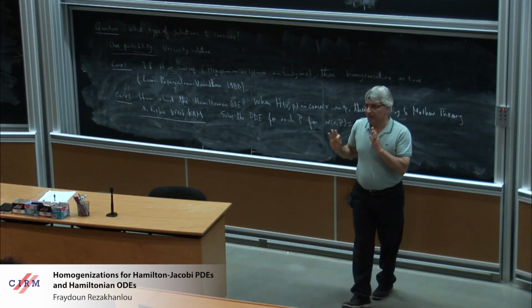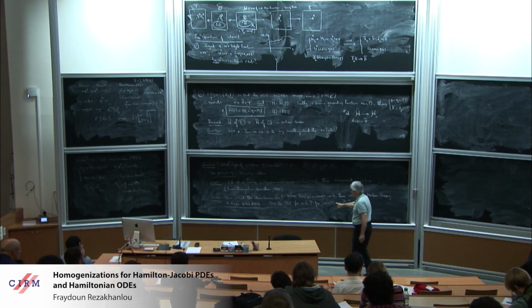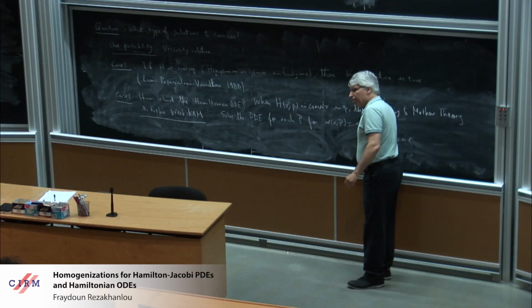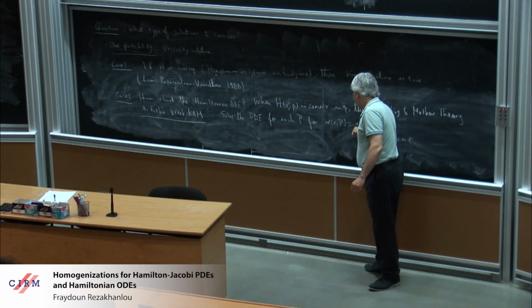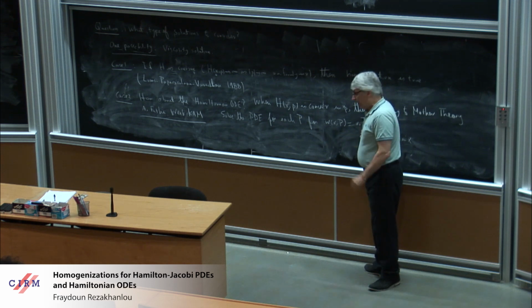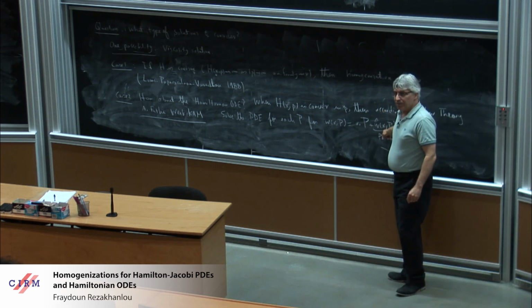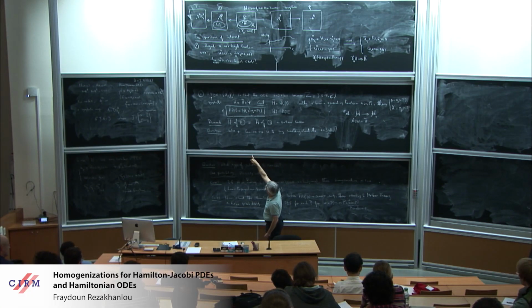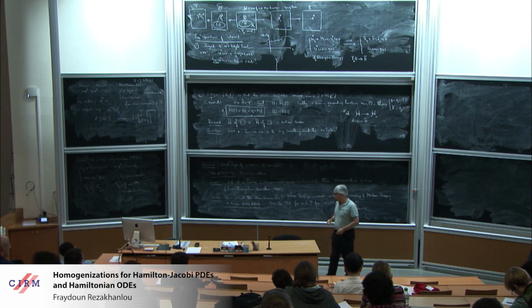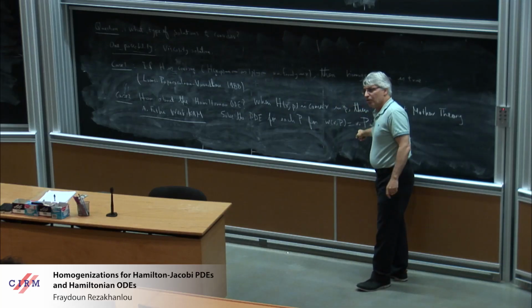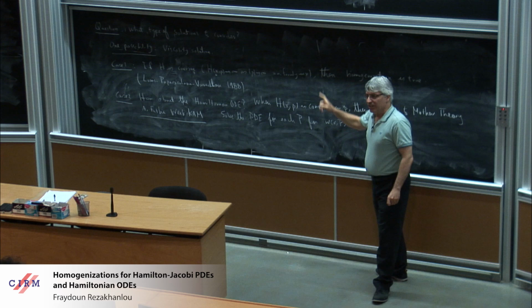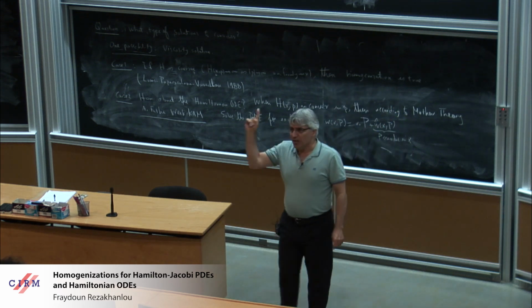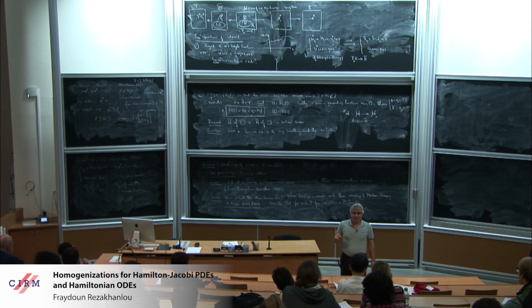As is common in this business, you don't expect the solution to be periodic, but modulo a linear function with slope p, you can find a periodic perturbation so that you can solve that PDE for a unique constant on the right-hand side. There exists a solution. So the fact that you have a linear growth with this slope guarantees that there is a unique constant for which the equation has a solution. Otherwise, it doesn't have any solution.